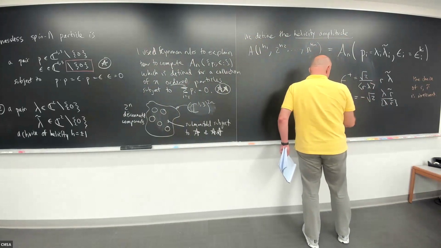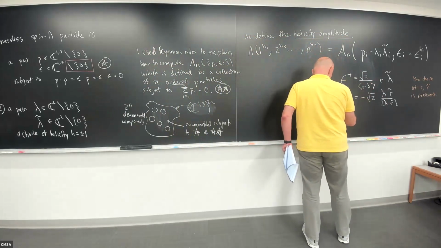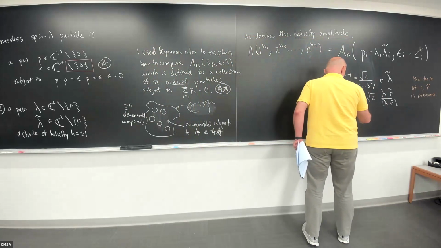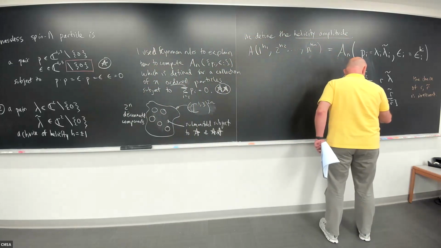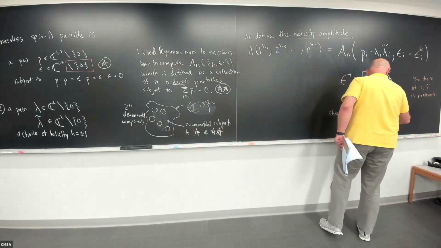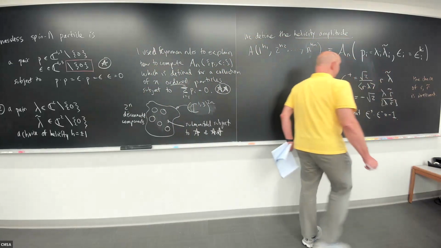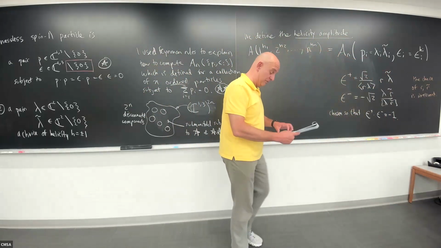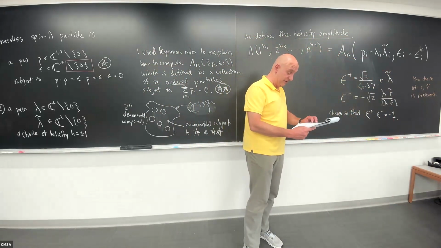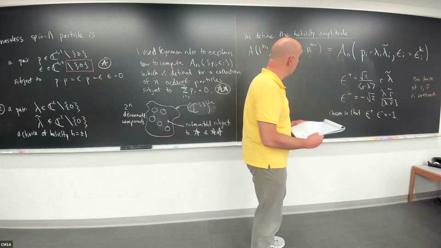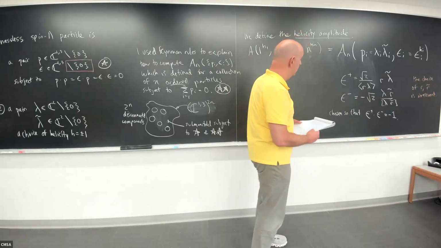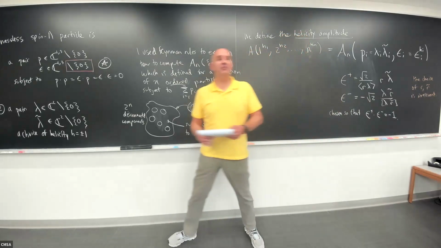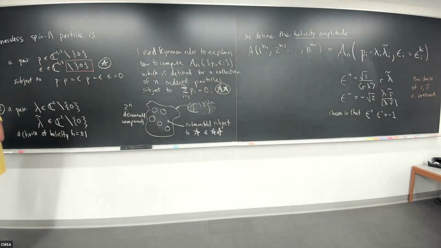The normalization constants here are chosen so that epsilon plus dot epsilon minus is equal to -1. So we partially fixed that overall scaling freedom. Anyway, this is just reviewing where we were at the end of last time.